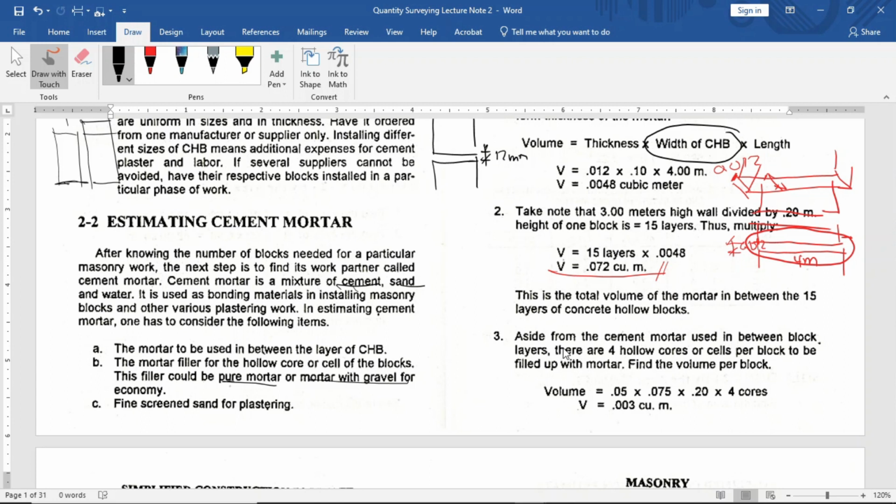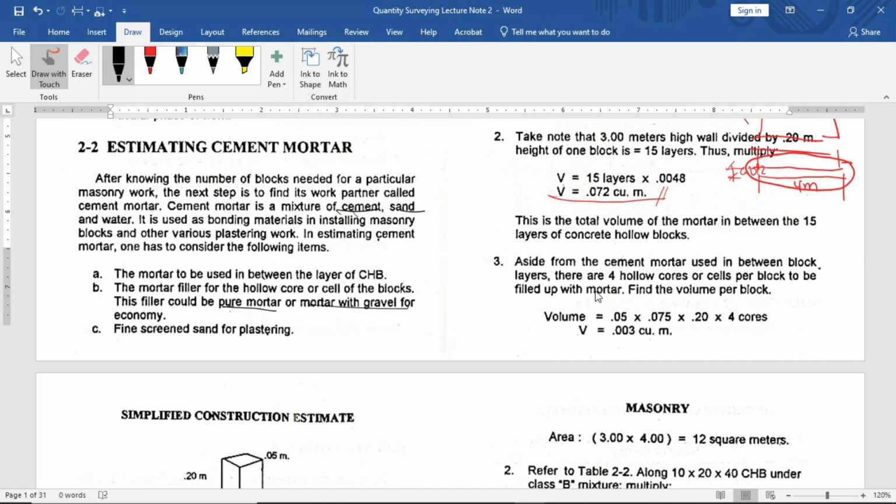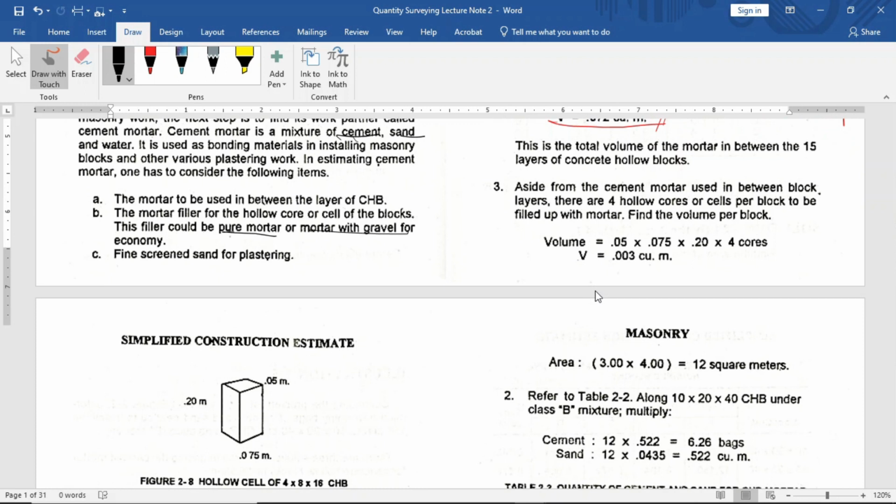So, aside sa cement mortar natin, lalagyan pa natin ng semento yung void cells, yung core. Diba, empty yan. Compute pa natin yung semento na ilalagay natin dito sa mga hollow cores na yan.